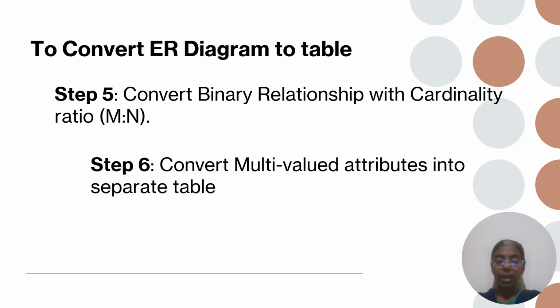Whichever multi-valued attributes are present in the ER diagram will be converted to separate tables. So these are the 6 steps involved in converting ER diagrams to relations, that is, ER diagrams to tables.